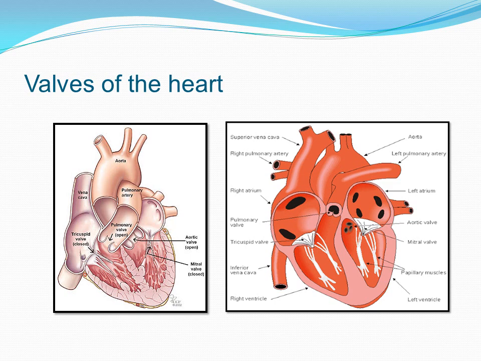Between the right ventricle and the right auricle, we have the tricuspid valve. Between the left auricle and the left ventricle, we have the mitral valve. At the base of the pulmonary artery, we have the pulmonary valve, and at the base of the aorta, we have the aortic valve.